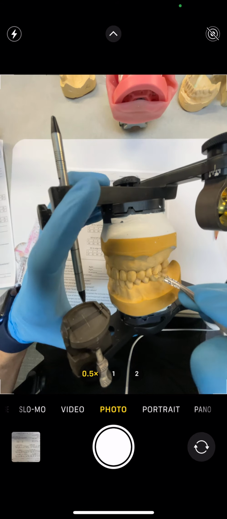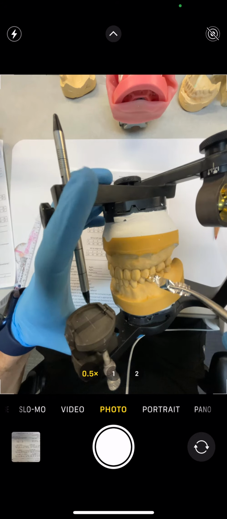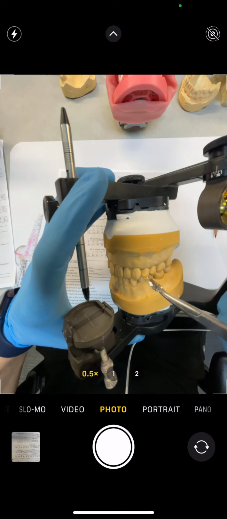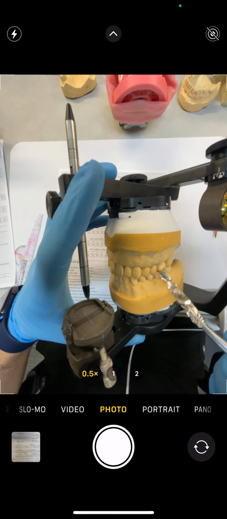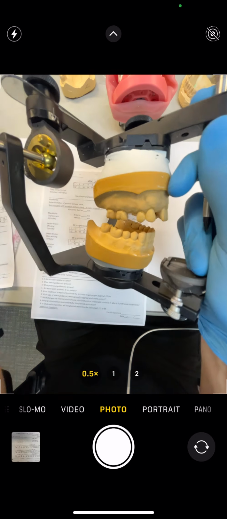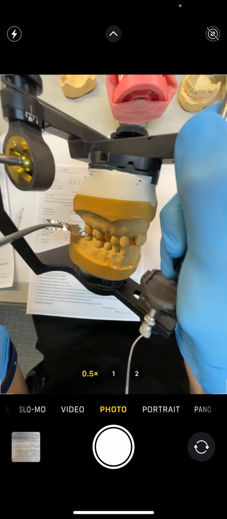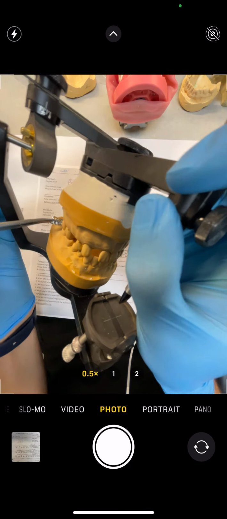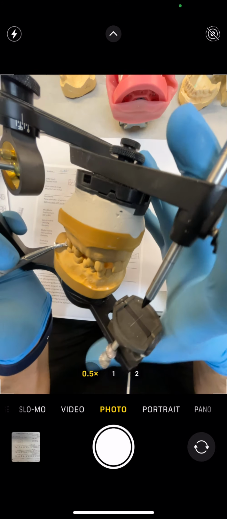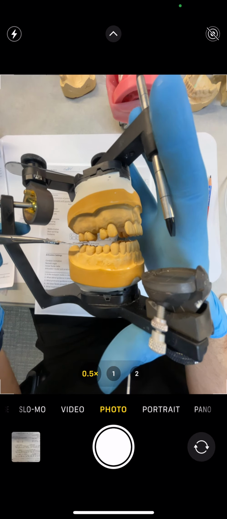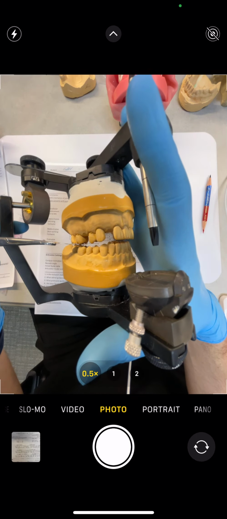This is not holding, holding, a little bit of hold, holding. So those three teeth are holding. Let's do the other side. Oh, sorry. This one is holding.